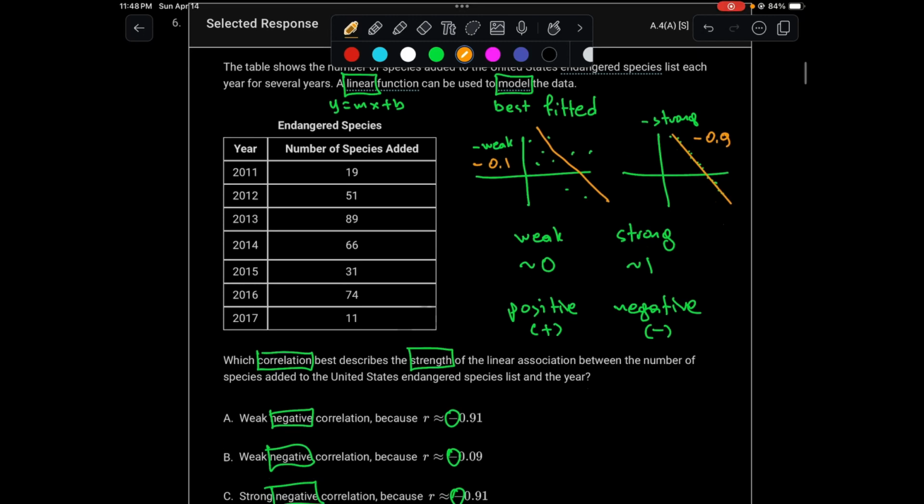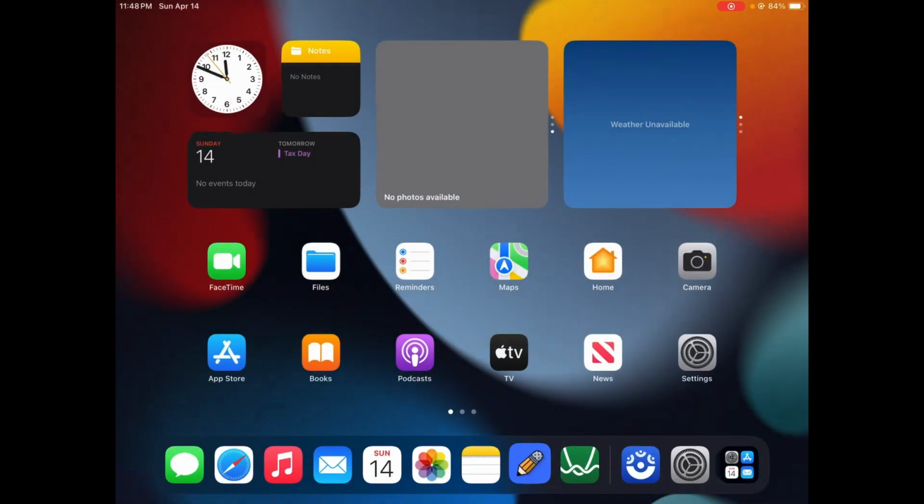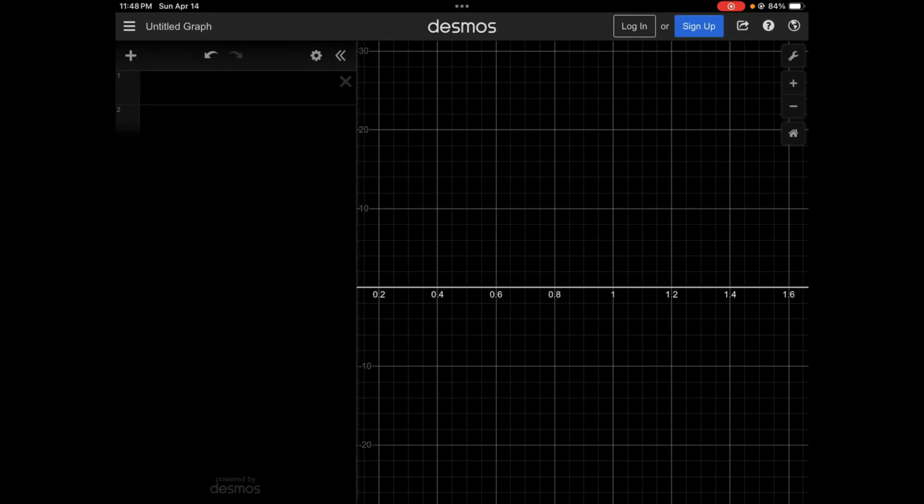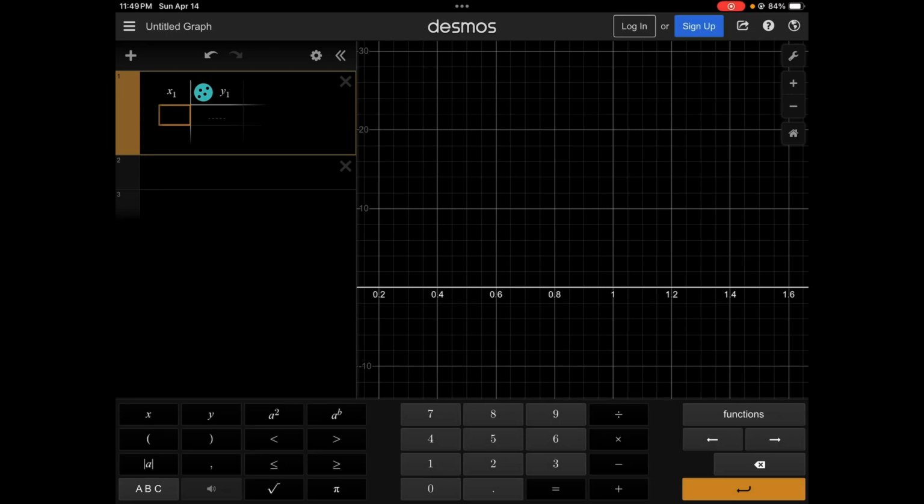All right, now let's see what we got in our case. Let's make a table and we'll put the years.